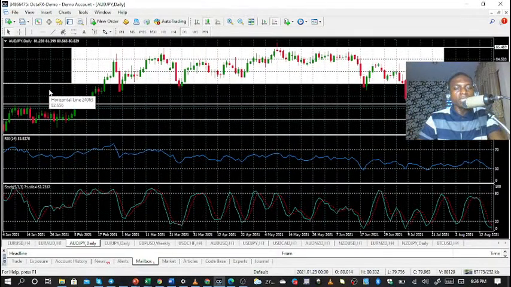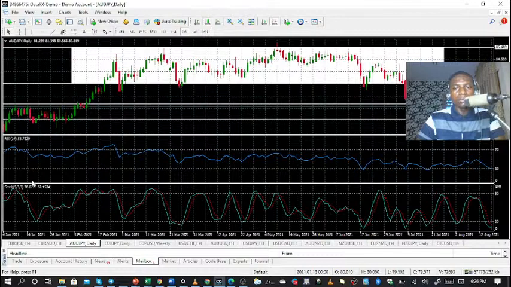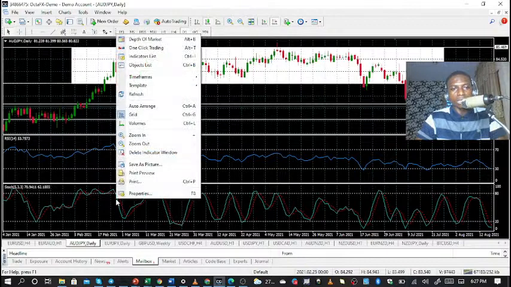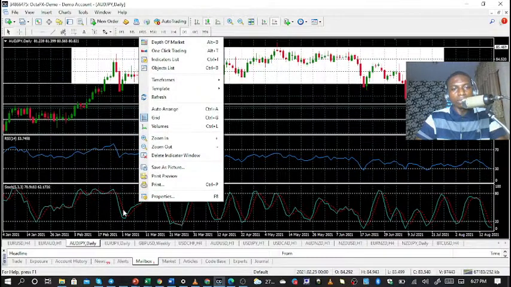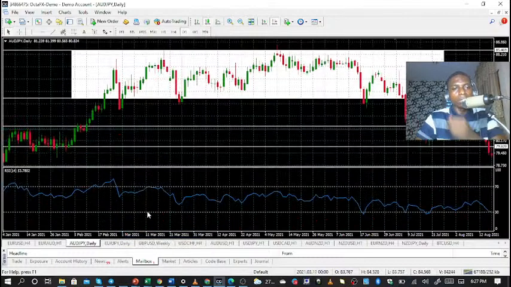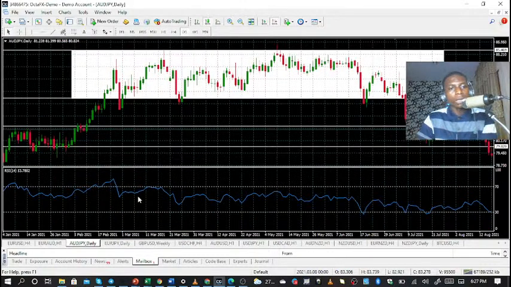Now let me just explain this too. Let's start with the relative strength index. Let me remove this one so that some persons don't say I'm confused. Okay, now cool. So I have only the relative strength index here.